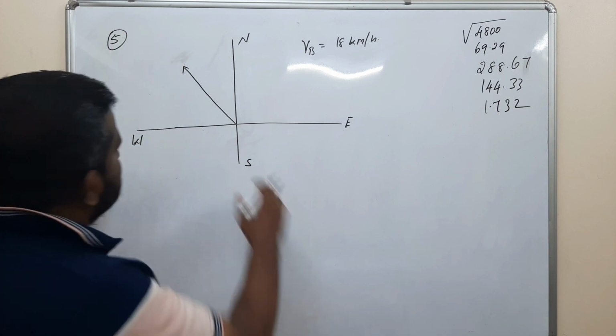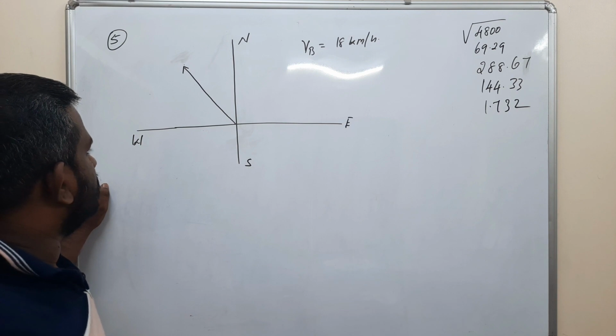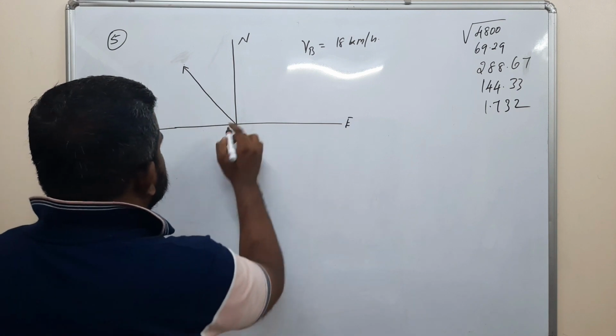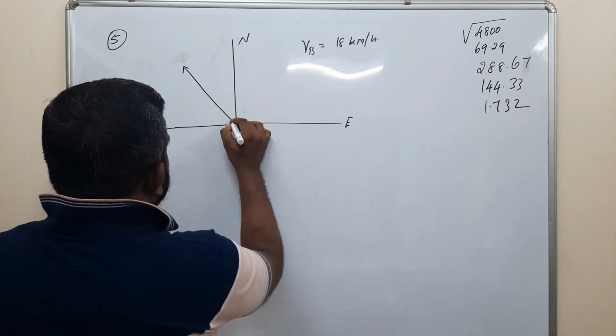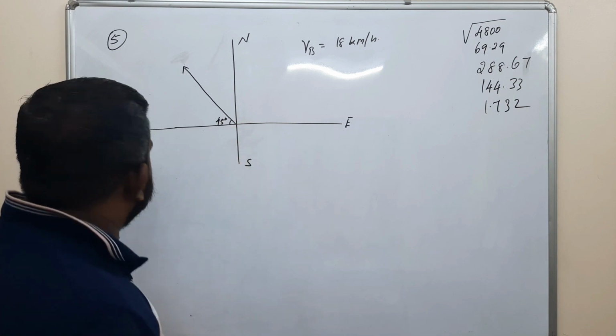In the northwest direction, the velocity makes an angle of 45 degree with the west.